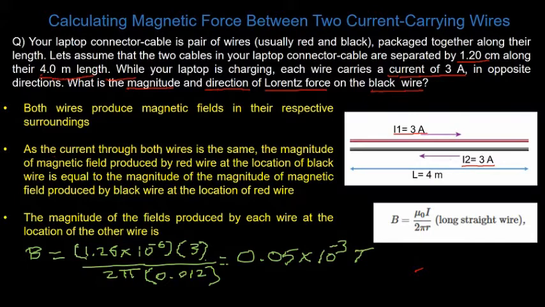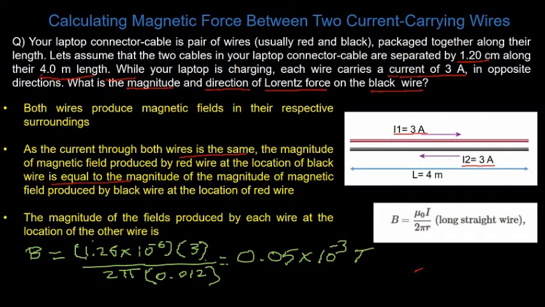As the current through both wires is the same, the magnitude of the magnetic field produced by the red wire at the location of the black wire is equal to the magnitude of the magnetic field produced by the black wire at the location of the red wire.